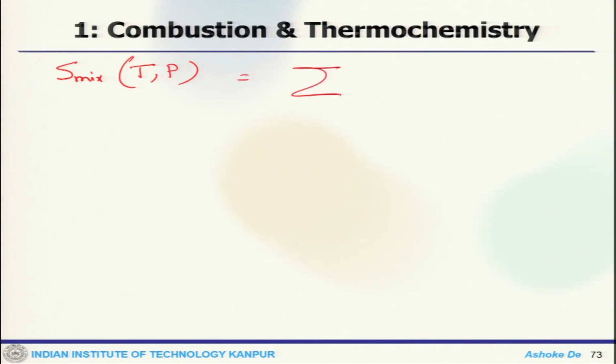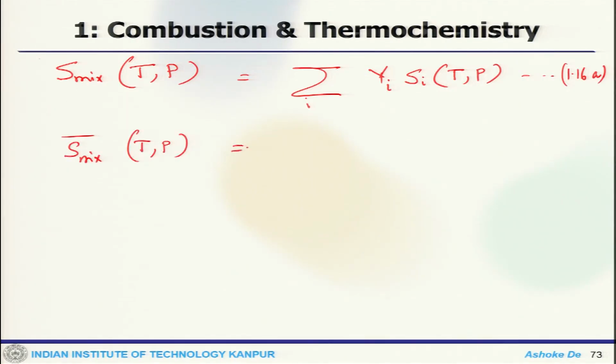So, you take the summation over all the species i of the mass fraction of the individual species times Si, as a function of temperature and pressure. That is 1.16 A. Then similarly you can find the average entropy, again summed over all i with Xi, and that would be your 1.16 B. Now, pure species entropy depends on the species partial pressure, which you can see from the above equation. So, you can use this.